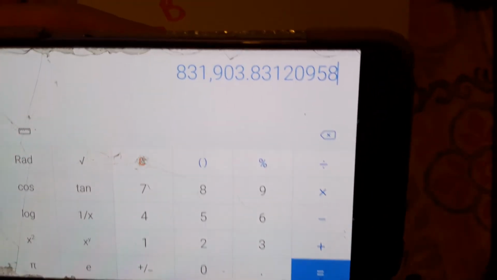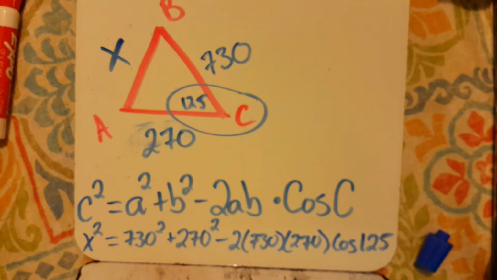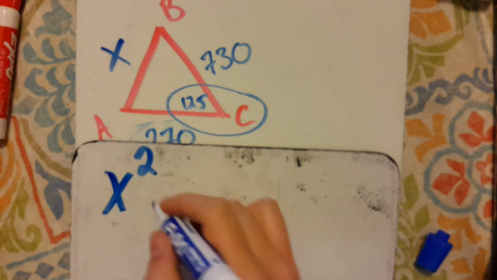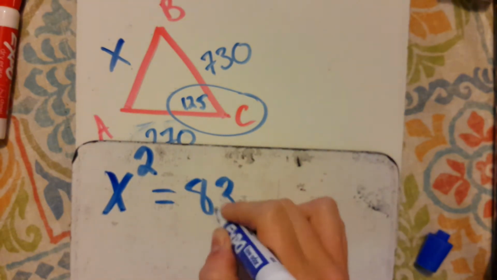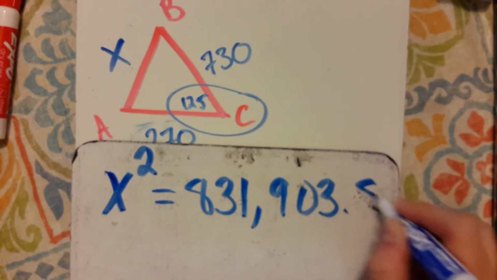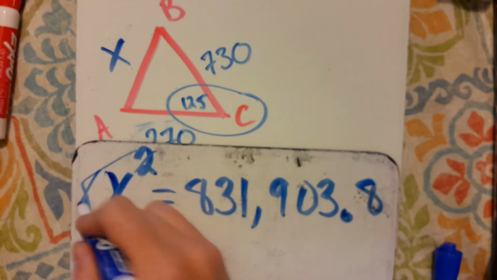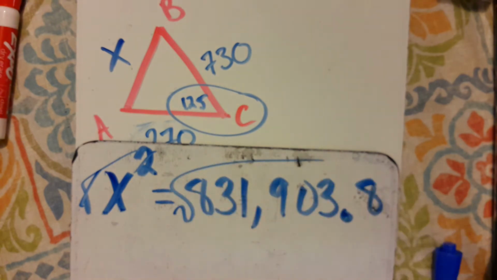Which at first definitely seems wrong, but remember, that's everything on the right side. So if I'm showing my work here, what I actually have is that x squared equals 831,903.8. What I need to do now is actually square root that number, right? So that I can get x by itself.